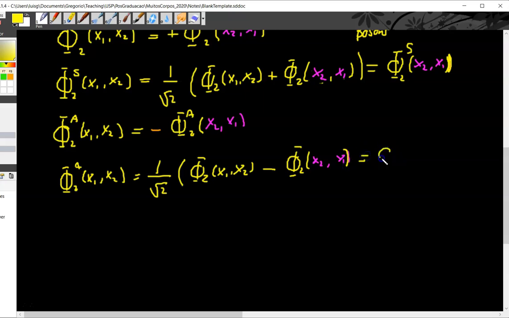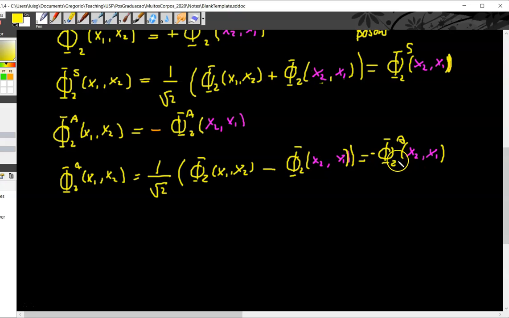So this will give me minus phi 2 A at x2, x1, right? Because when I exchange the particles, this one goes into this one, this one goes into this, and there will be a minus sign here.